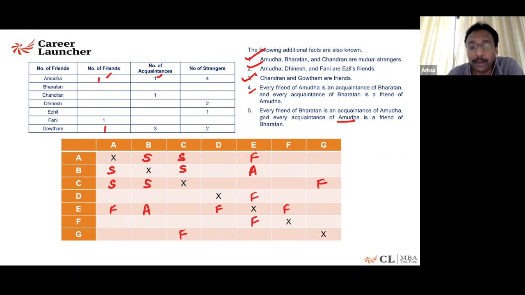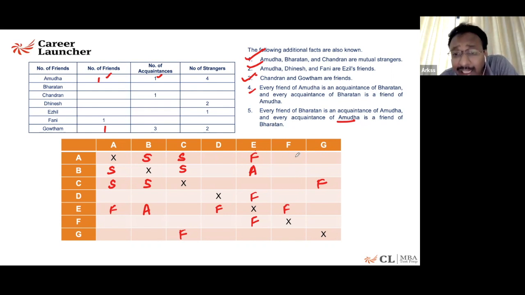But let's say every friend of Bharatan is an acquaintance of Amuda, and every acquaintance of Amuda is a friend of Bharatan.